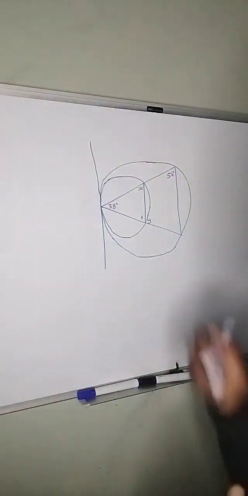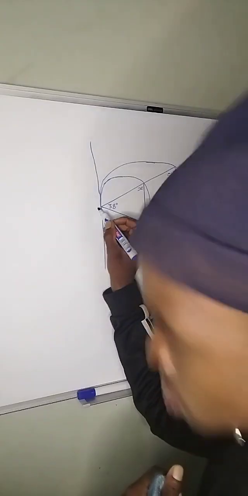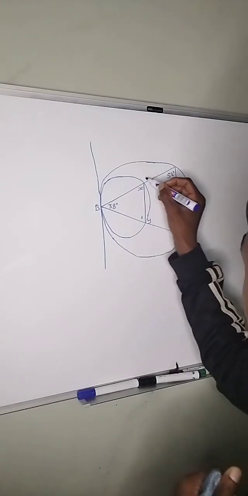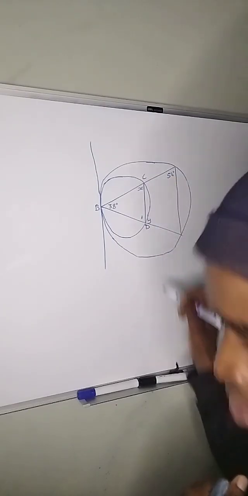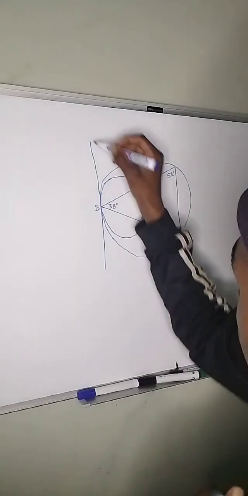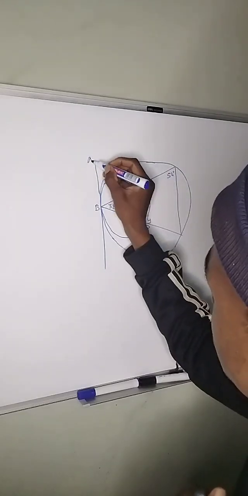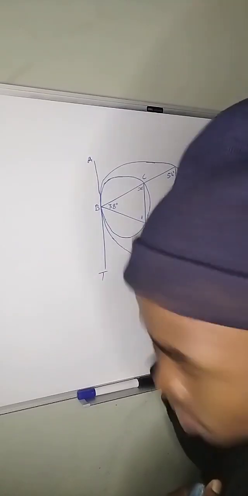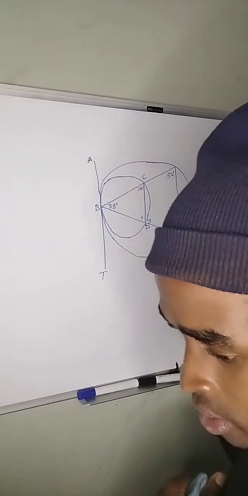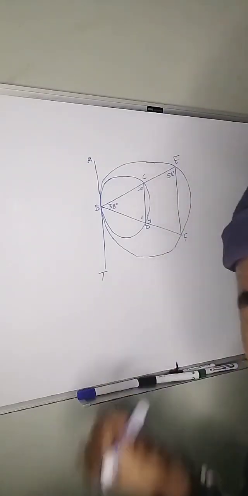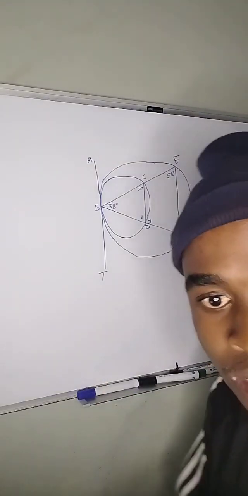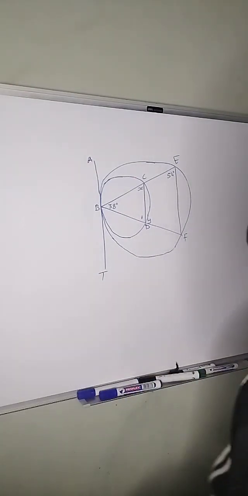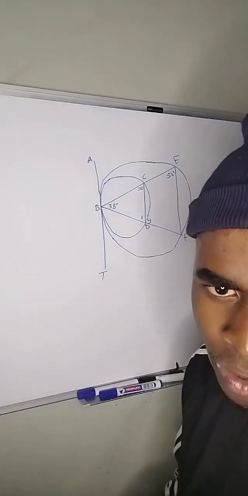So we are going to have our B and C, D, and here is going to be A. We are going to have B, T, D, F, and we are going to have E. So let's calculate the value of the unknown angles.